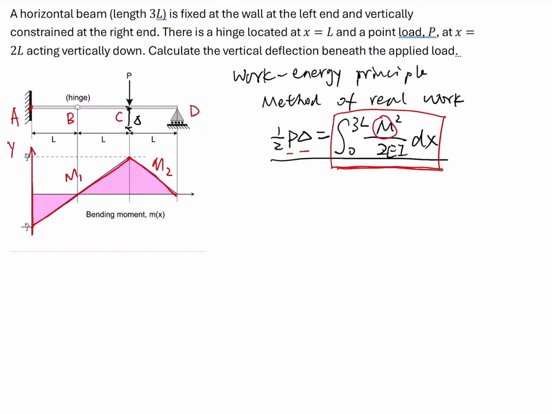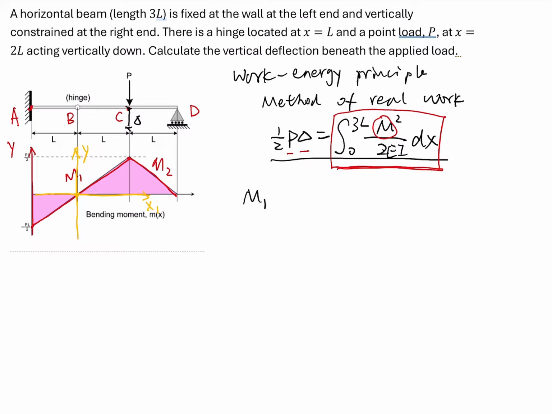For M1, I build a coordinate system here at point B, with y and x1.